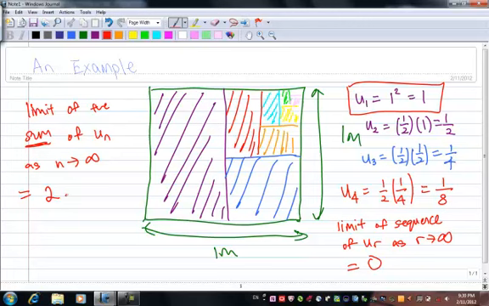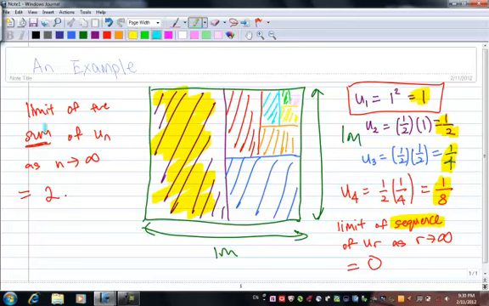Okay? So this is the difference between the limit of a series and the limit of a sequence. In this case, the sequence refers to the individual terms, which is the area of the individual shapes. Okay, each shaded area as follows.